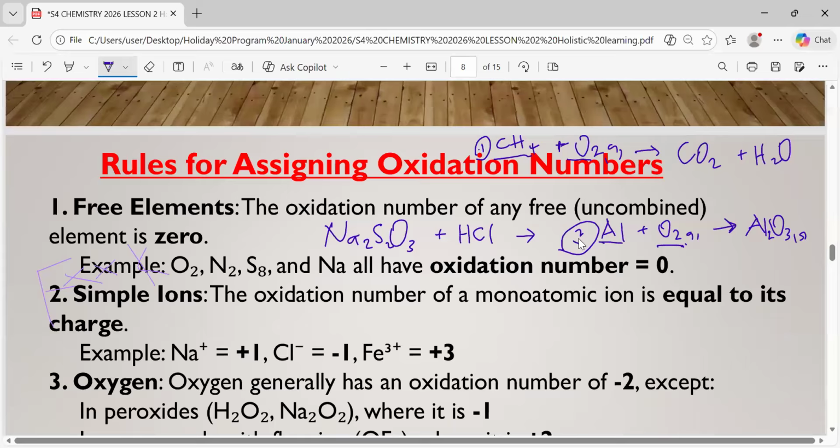Which elements are free, uncombined, and which ones are combined? Aluminium oxide is combined. Aluminium is an element, but here it is in a combined state, because in aluminium oxide, aluminium is combined with oxygen. Okay, continue.